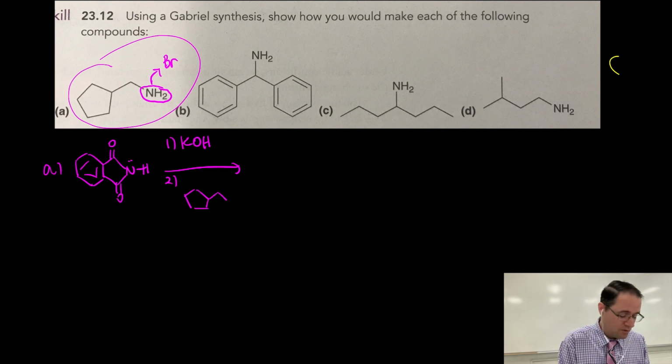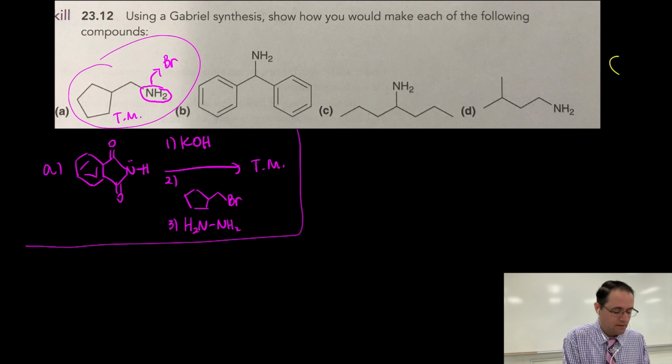So it's going to be this whole thing with the 5-membered ring. Draw that line with the bend and draw Br there on the bottom. And then step 3, you want to add your hydrazine, H2N-NH2. And that will get you your molecule that's depicted here in the word problem.